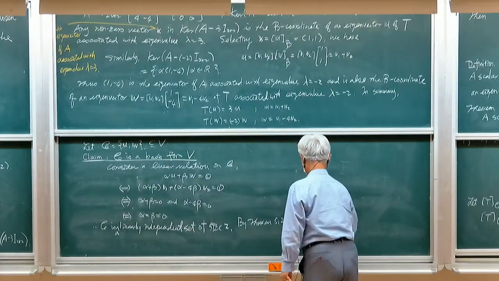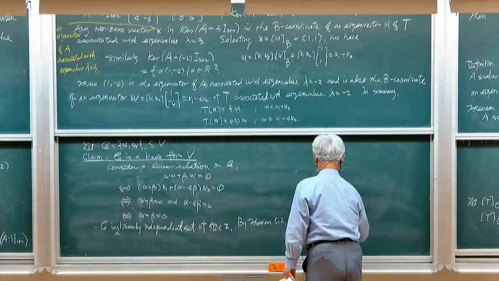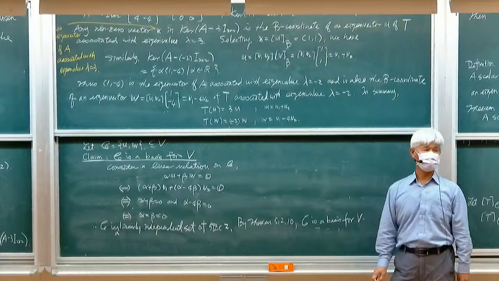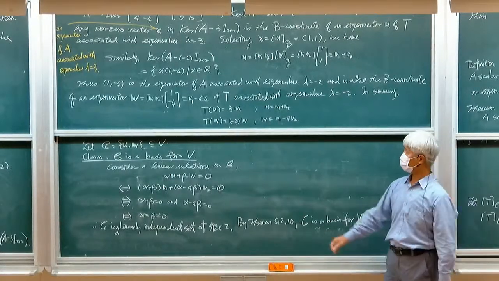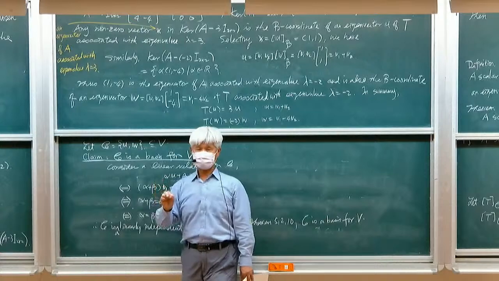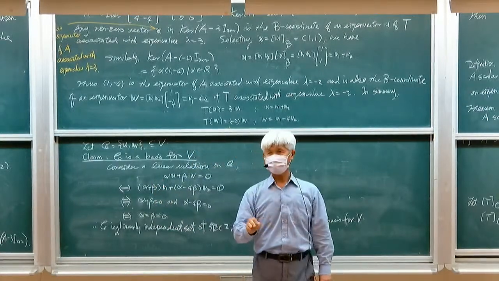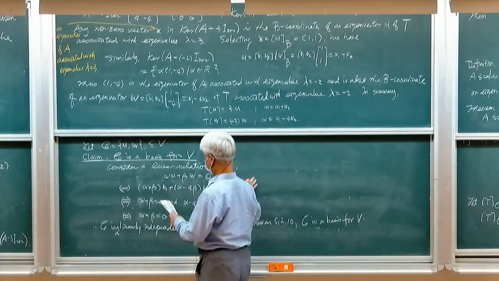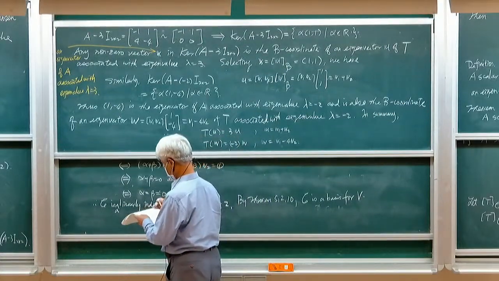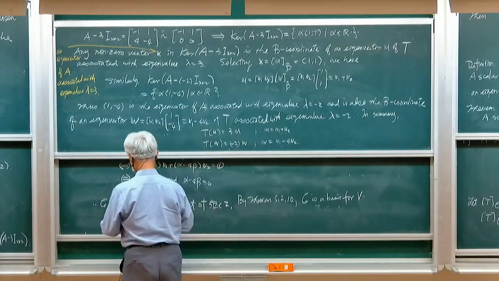So C is a basis for V. So we now find a basis for V, and this basis consists of eigenvectors.